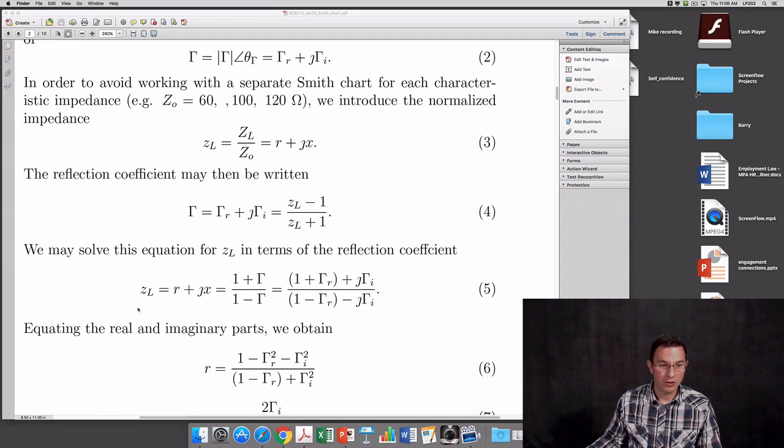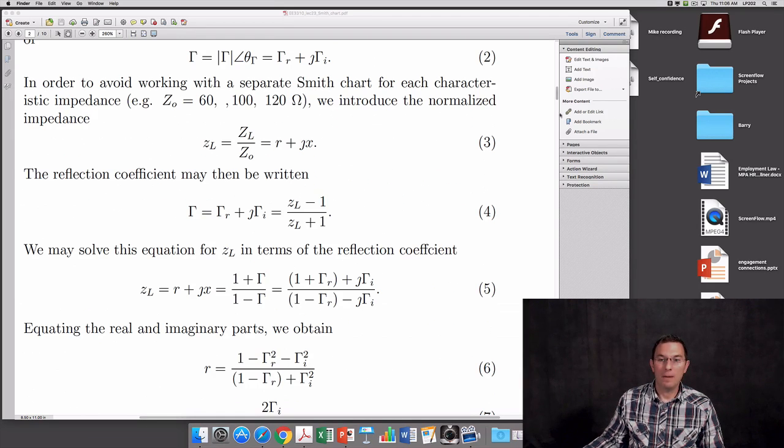When we do that, it turns out that the normalized load impedance is equal to 1 plus the reflection coefficient divided by 1 minus the reflection coefficient, or if we expand the reflection coefficient in terms of real and imaginary parts, we get this expression, equation 5.